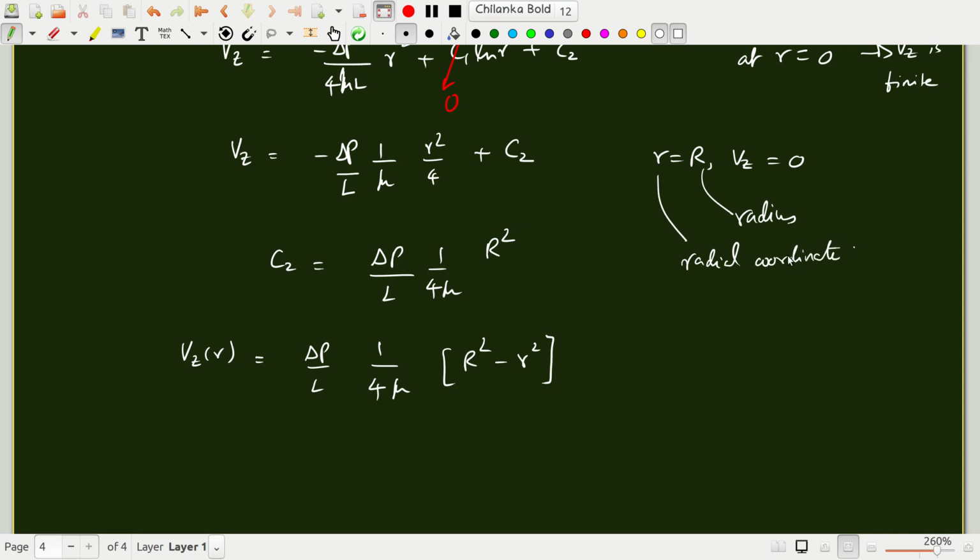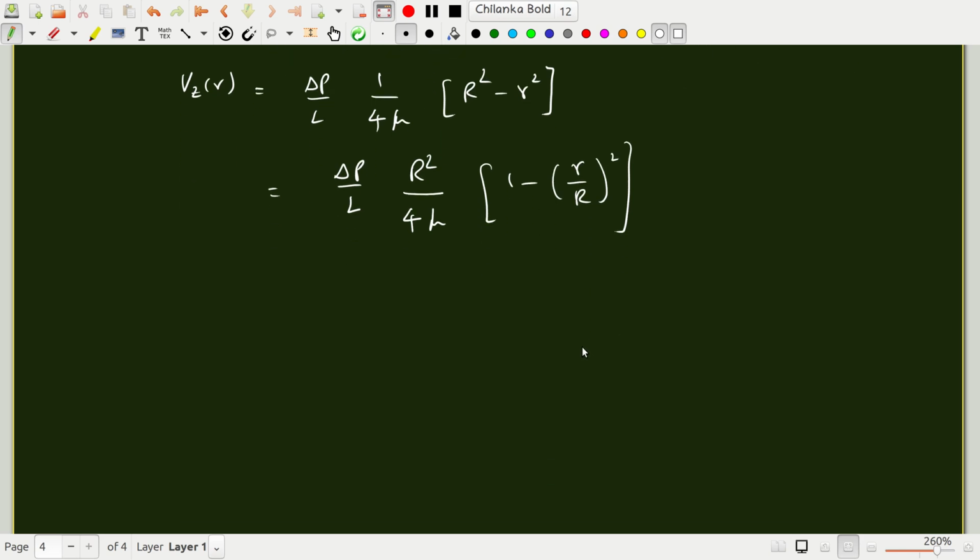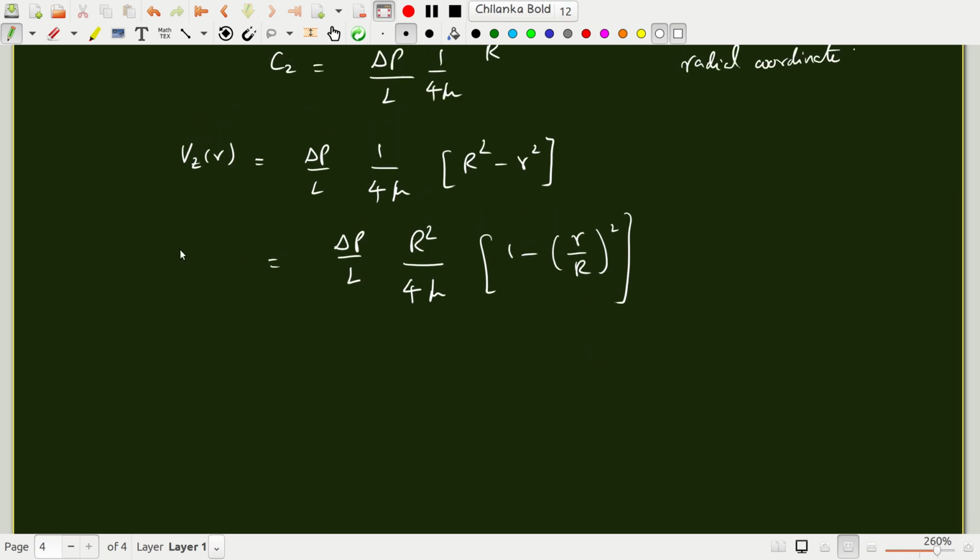Now this can be written slightly differently by pulling out an R squared, so I'll get 1 minus r by R whole squared. So if this is the velocity profile, then one can find Q, the volumetric flow rate.